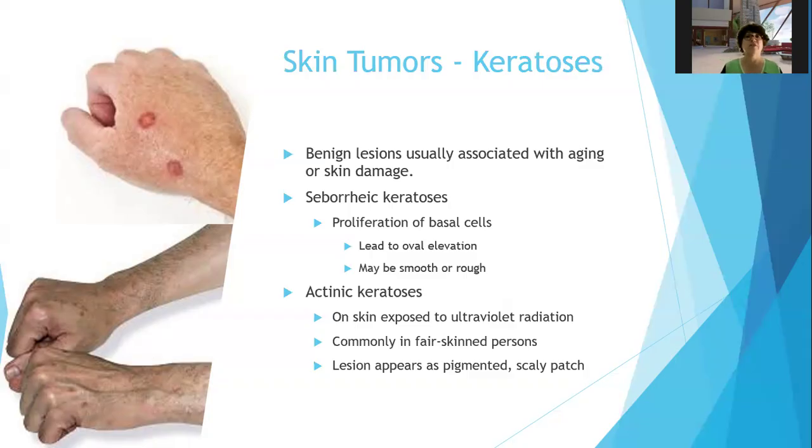There's an oval elevation that may be smooth or rough. So that top photograph is a seborrheic keratosis. Actinic keratoses are on skin exposed to ultraviolet radiation, common on fair-skinned persons, and the lesions appear as pigmented, scaly patches. So they are benign.